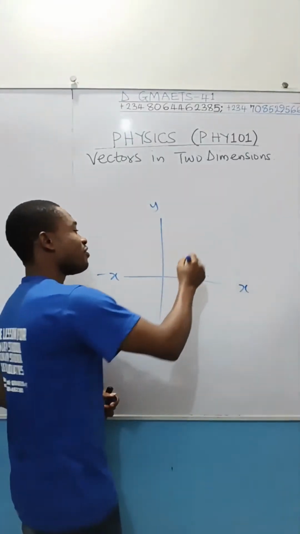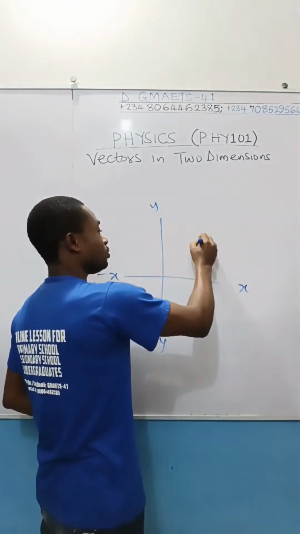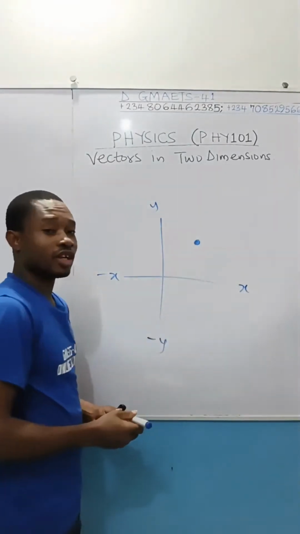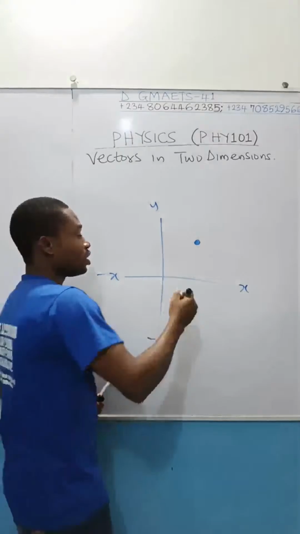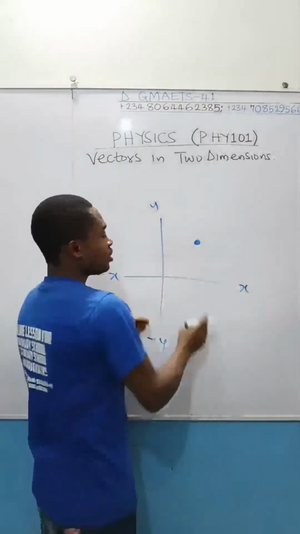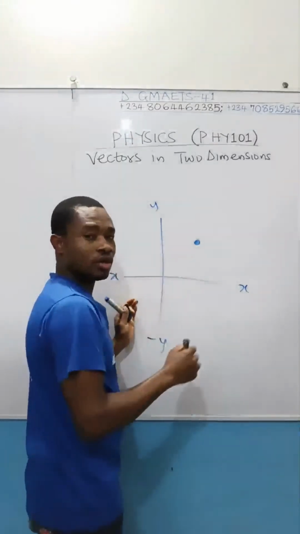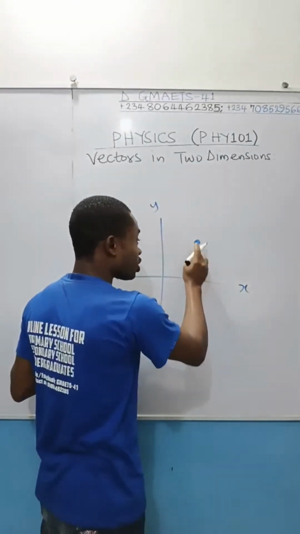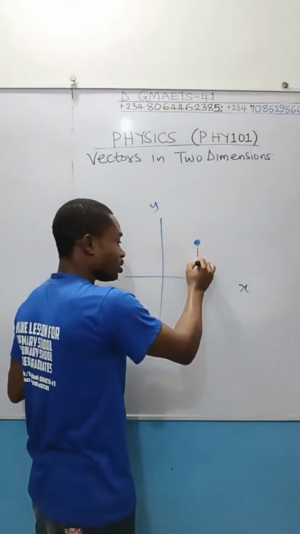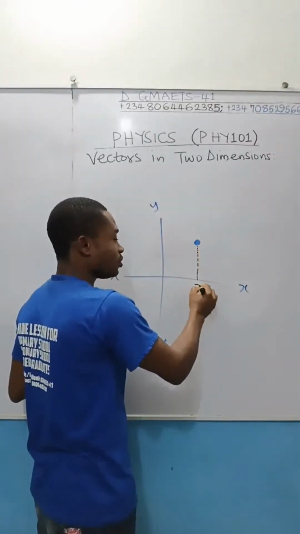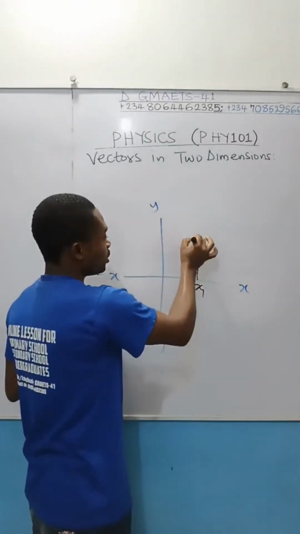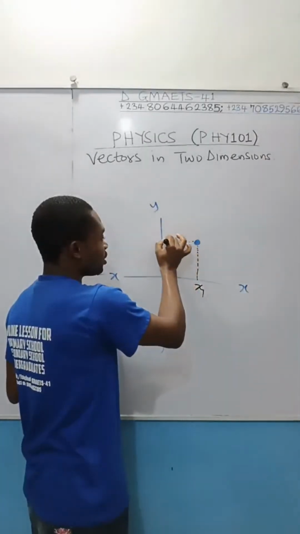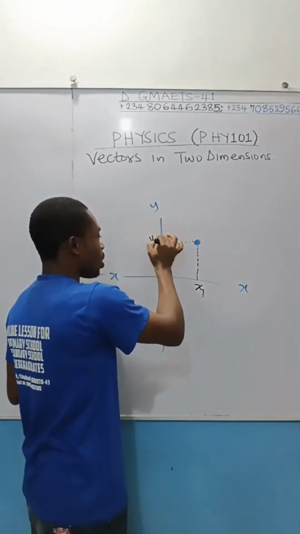If I have a vector here, to locate the position of this vector, you are going to use its x-coordinate, the x value. You take it from the x position of this vector and locate the value, let us say x1. Then to the vertical axis, let's say y1.